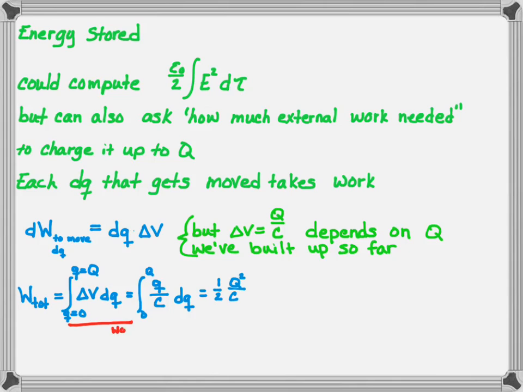So the total work done, we defined work earlier as potential times dq, and I'm integrating from 0 to Q. It's going to be equal to 1/2 Q squared over C, where C again is capacitance, which can be written as 1/2 C V squared.